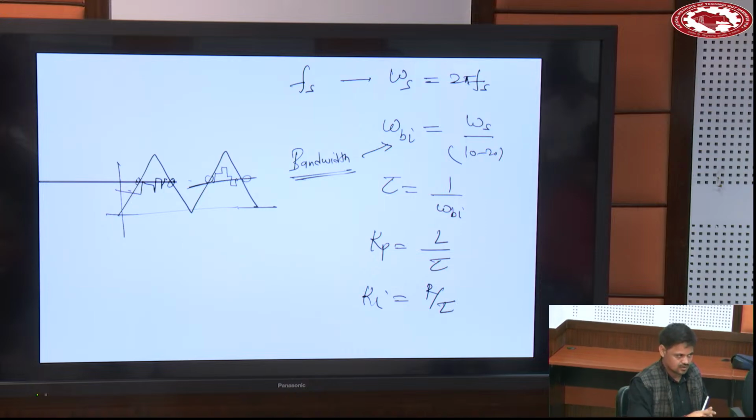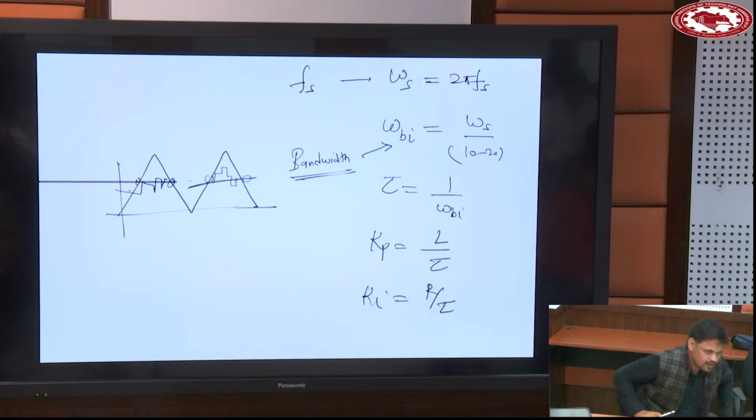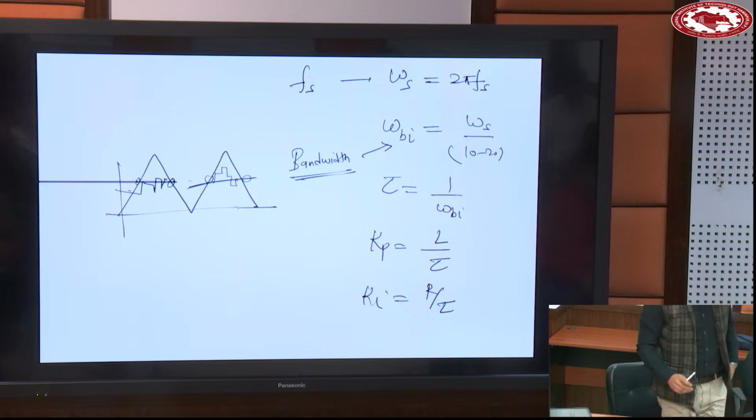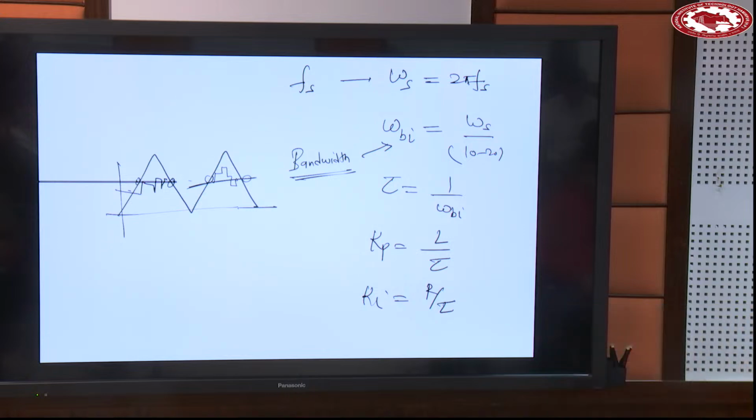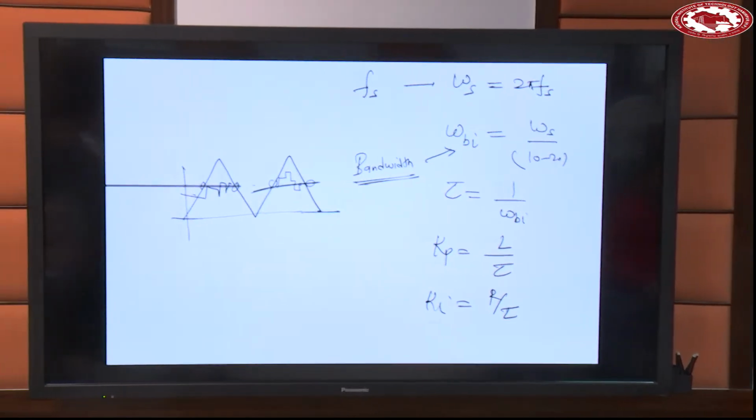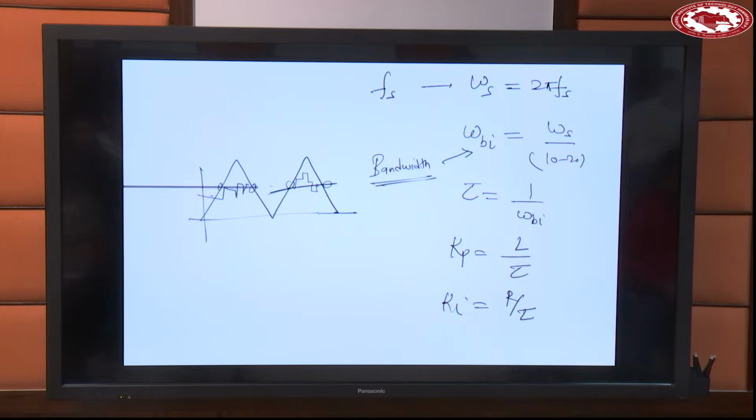So far I am talking about inner current control. Then after that another control will come, outer voltage control. Then another, higher control, anything. So the innermost controller is the fastest controller.